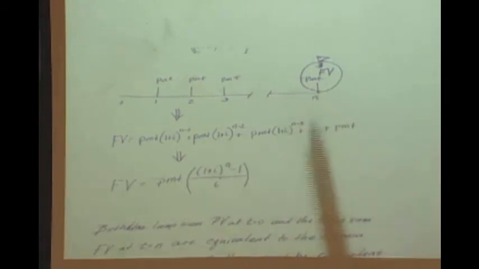The future value equation consolidates all the payments in an instant after the last payment is made. The open form, the closed form, both will give you exactly the same answer.